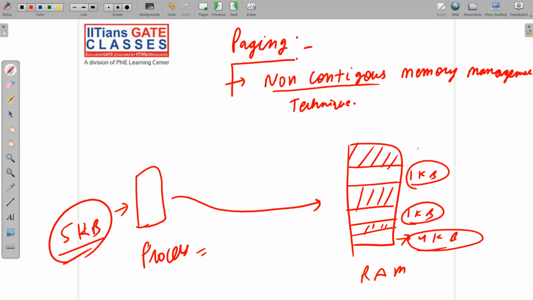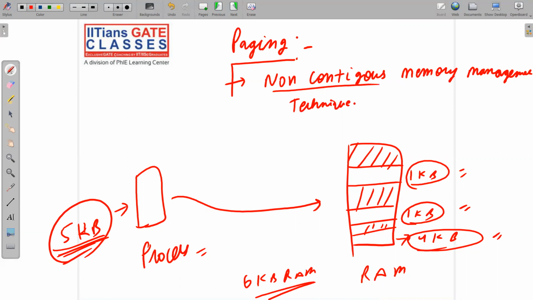In RAM, if we have contiguous memory, then we can store it. But now we do not have contiguous memory, though the total amount of memory available is okay with us. That means we have a total of 6 KB free memory, and the process size is only 5 KB, but it is not continuously available, so we cannot store it.